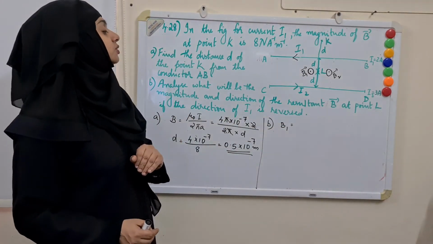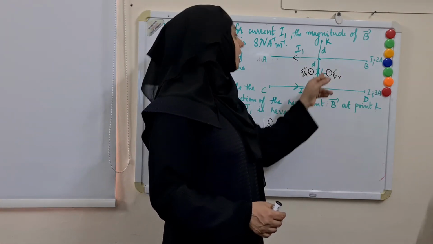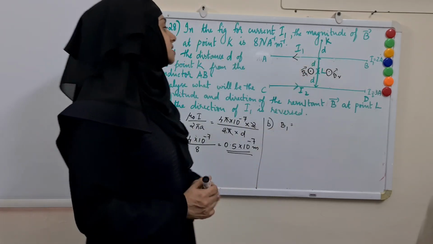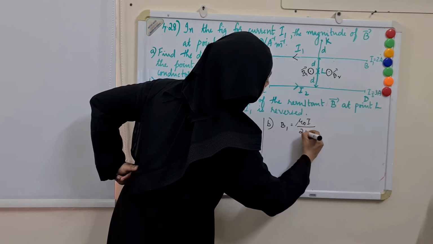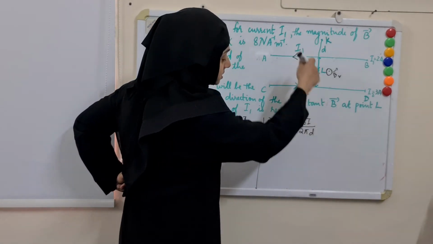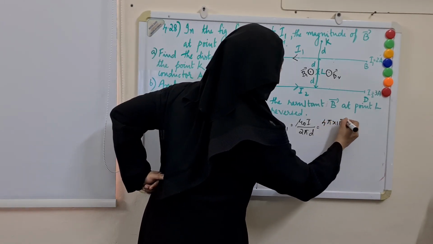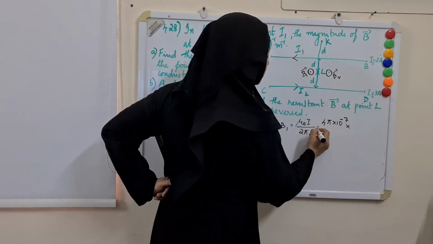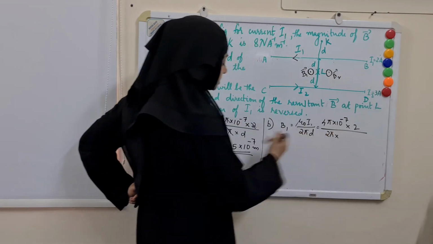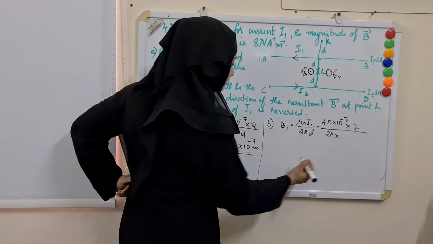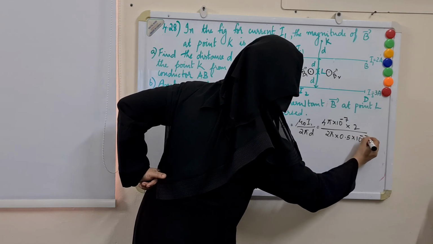So we have the magnitude of magnetic field B1 due to the current I1 in AB at the point L, distant D from it, as B1 is equal to mu naught I by 2 pi D. D is the distance. So this is equal to 4 pi into 10 raised to minus 7 times, what is the current I1? 2 ampere. 2 divided by 2 pi, what is the distance D? 0.5 into 10 raised to minus 7.